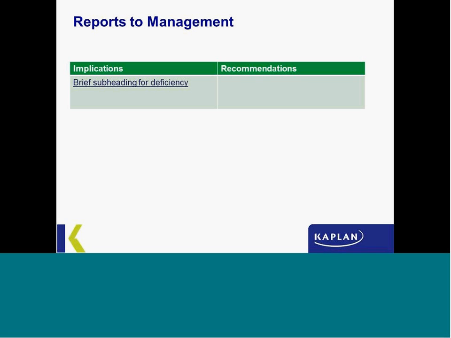Explain the implication, which could potentially be that we are paying too much for supplies, or people could steal supplies if they're not authorized, or there could be fake suppliers, whatever issue it is that you think might be a problem. Explain the related recommendations. So this subheading with two columns is much more sensible than including a separate third deficiency column that you're explaining.